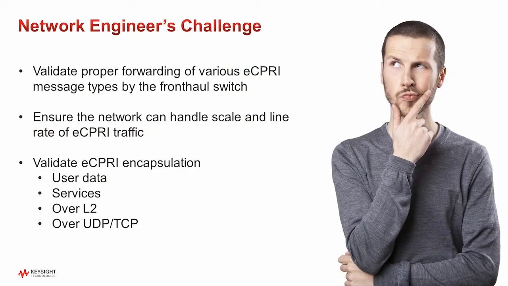As we have seen in the previous slide, eCPRI can work on different transport layers like TCP, UDP, or even over layer 2 directly. The network engineers need to test, and they need test solutions to validate all these combinations. And not only the data plane, but eCPRI introduces services and, for example, different OAM messages as part of the specification.